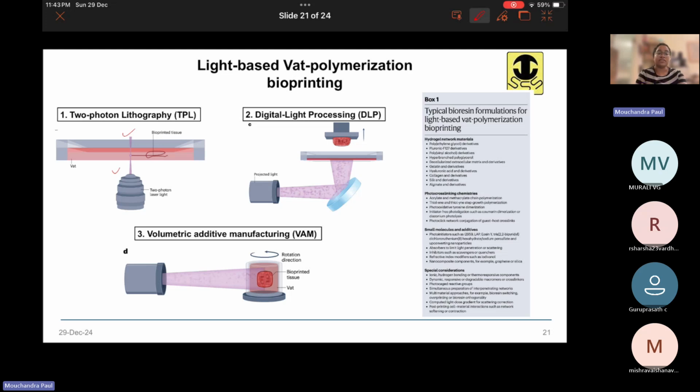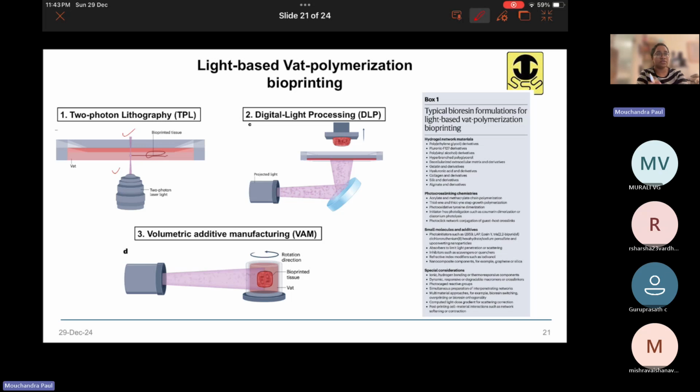As the light passes through the digital pattern, you get a patterned light. That patterned light is shown on the transparent surface of the vat so that the resin gets cured only in that pattern. This is called digital light processing based 3D bioprinting, DLP 3D bioprinting.